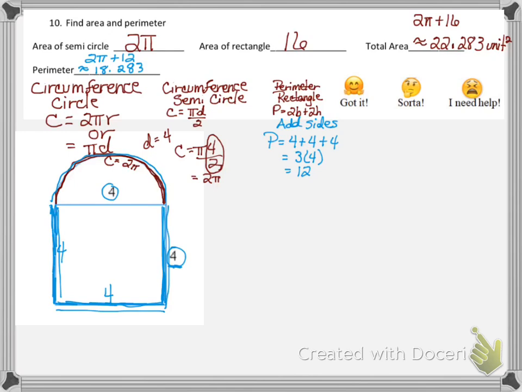If we were to measure perimeter, remember it's like a fence. So it is only one dimensional. So it's not square units, it's just units. All right, area is square units and perimeter is just units.